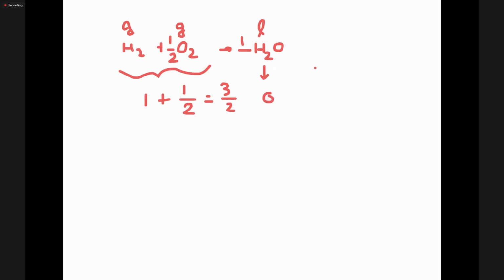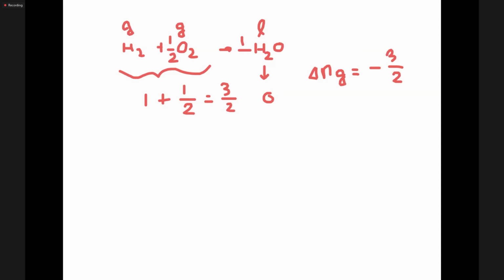So delta Ng, the change in the moles of gaseous products and reactants, will be 0 minus 3 by 2, which is equal to minus 3 by 2. Since from two gases we are forming a liquid, delta Ng, the change in the number of moles of the gaseous components of the reaction, is minus 3 by 2.